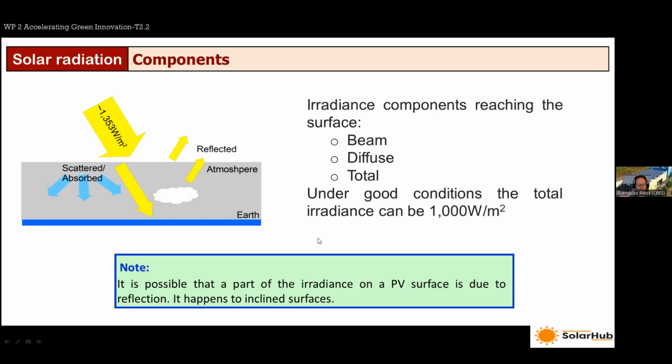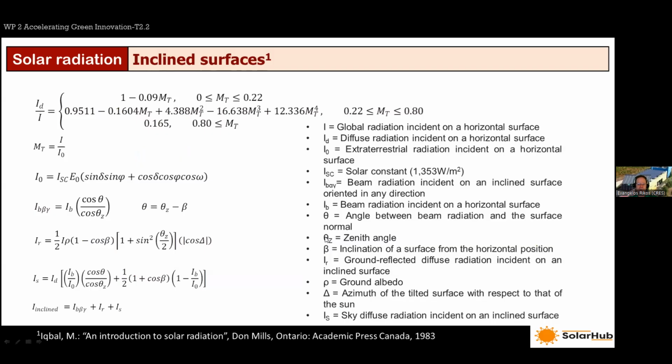Thank you. And just to conclude this part, I have added a slide with a rather extensive set of mathematical equations. It's only to show you how one could, for example, from measurements on a horizontal surface, recalculate the solar radiation on inclined surfaces.